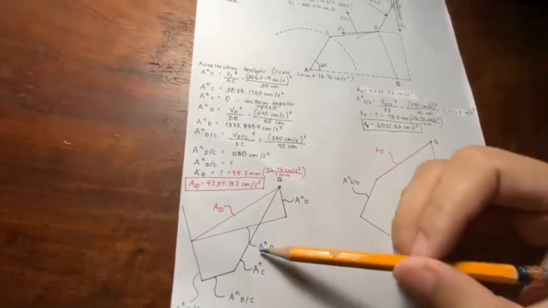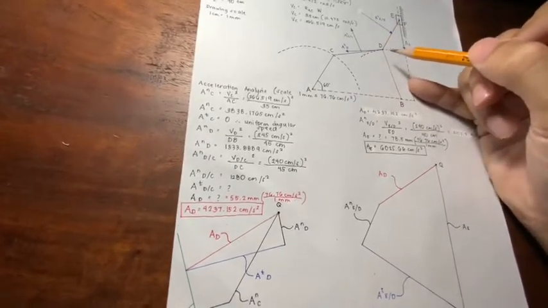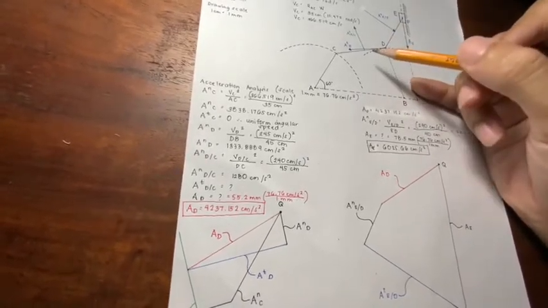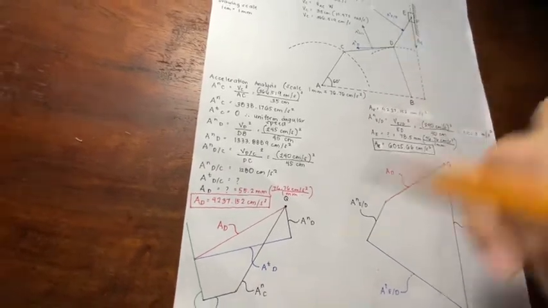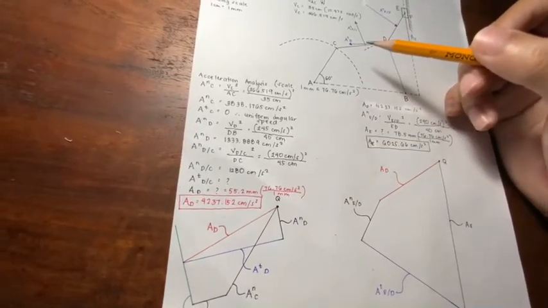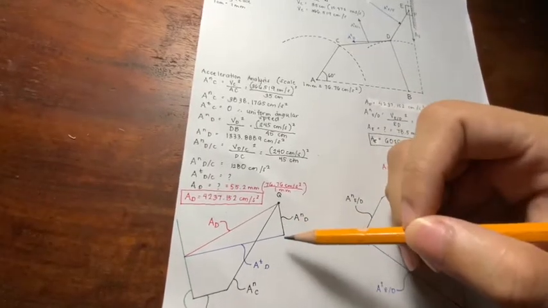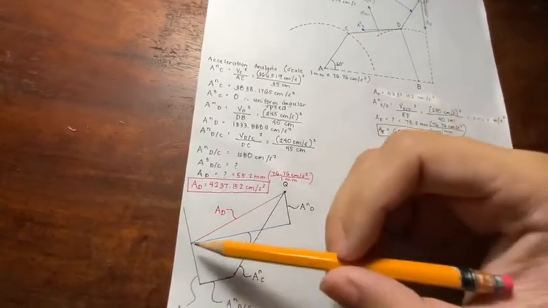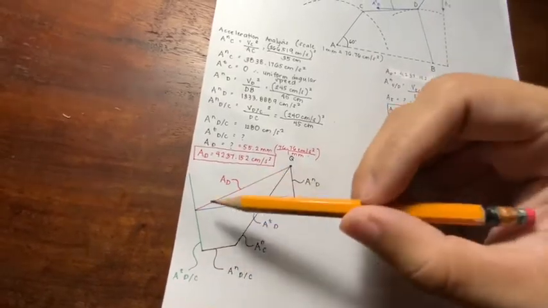And now we will also draw the tangential acceleration of D, which is tangent to the path of rotation of the link DB, but is also perpendicular to link DB. We do not have a value for that. We do not have its magnitude. So what we will draw is we will project it towards the tangential acceleration of DC.